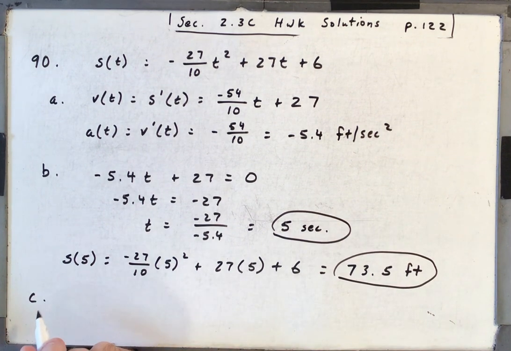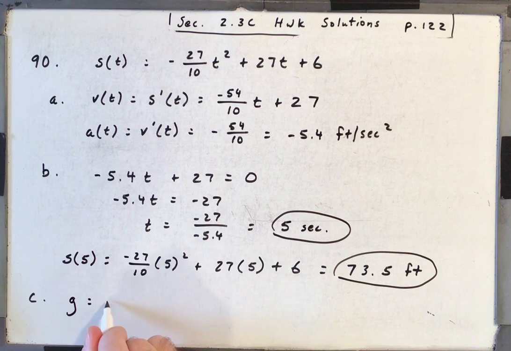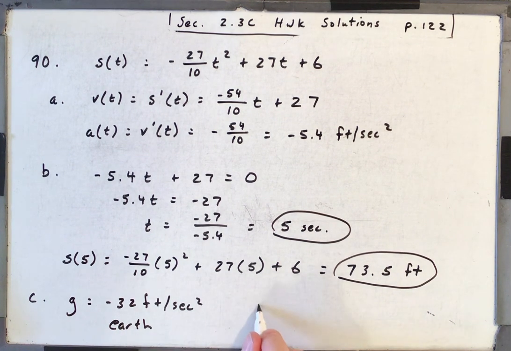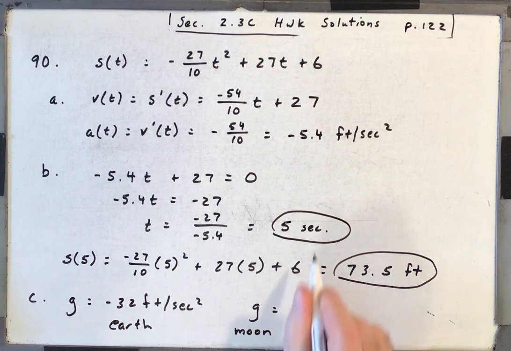And then the last part is just asking you to remember your physics. How does the acceleration of the rock compare with the acceleration due to gravity on Earth? Well, gravity on Earth is minus 32 feet per second squared. And then the gravity of the moon is minus 5.4.